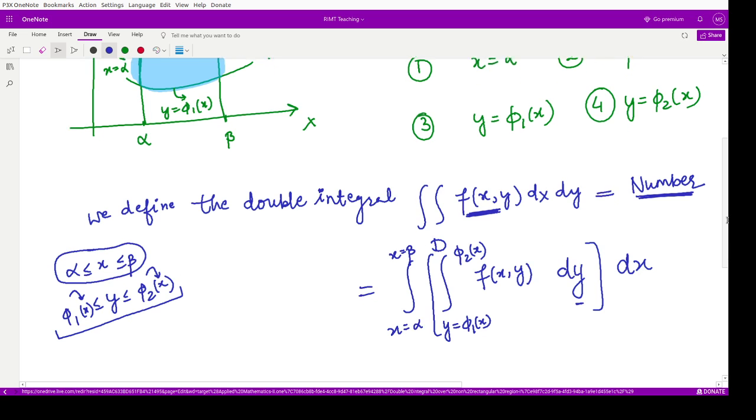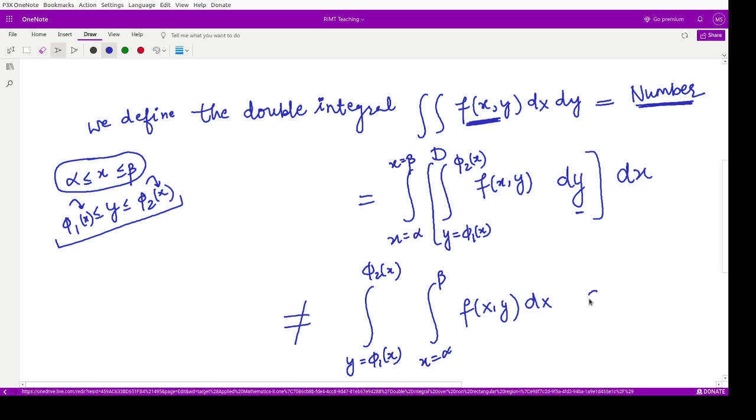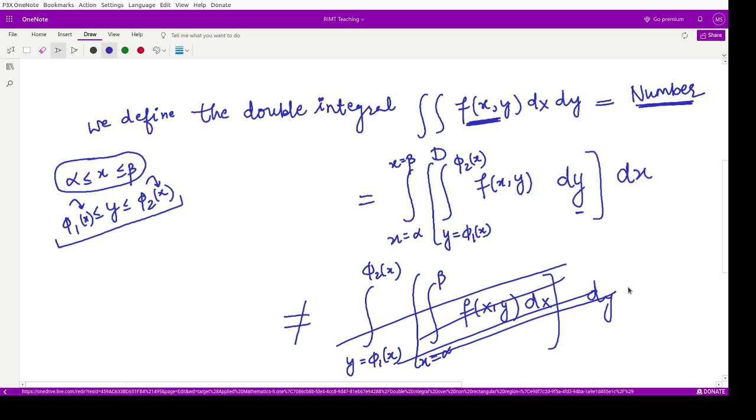Now you cannot write this the other way, with y from phi1 of x to phi2 of x as the outer integral and x from alpha to beta inside, of f of x, y, dx dy. This is not equal to the correct one, and moreover you cannot compute this quantity, so we are not going to do this. This is how we write our double integral in this case.